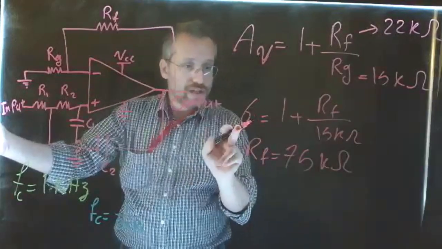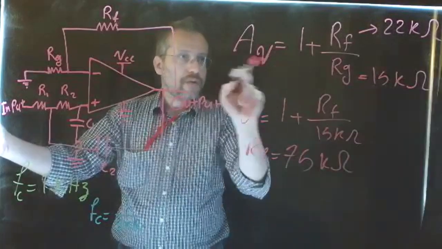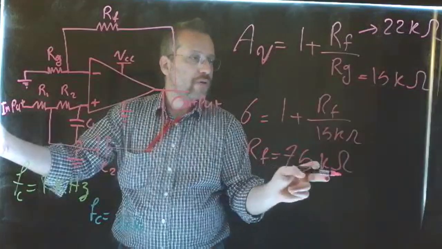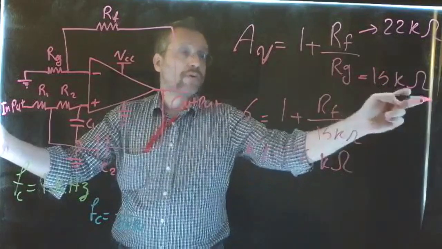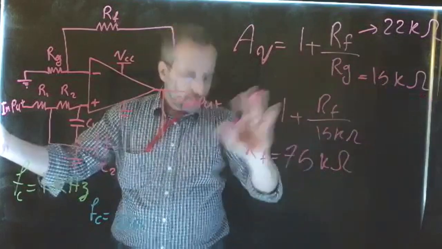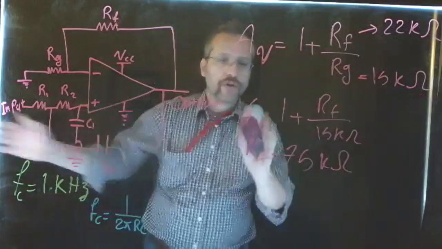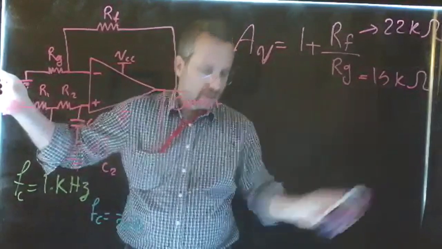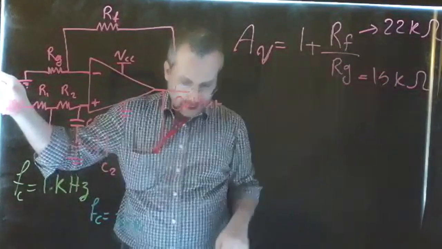So if you want 6 for gain, AV equal to 6, now your RF should be 75 kilo if your RG is 15 kilo. So now I don't care about this gain because I just wanted to show you how the filter works. So I just choose based on what I have in the lab. So I choose RG 15 kilo and RF 22 kilo.